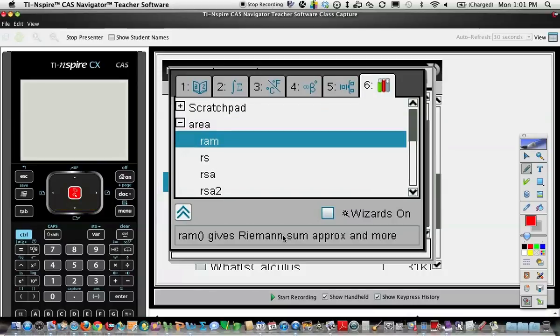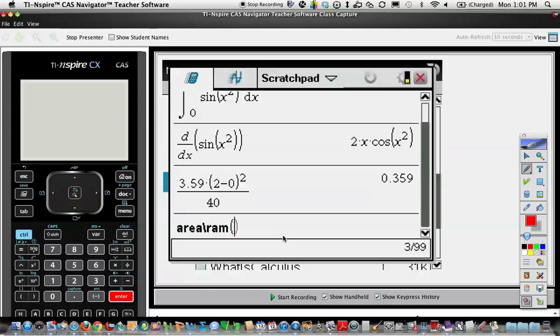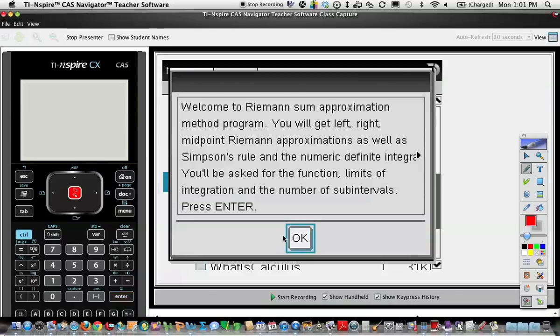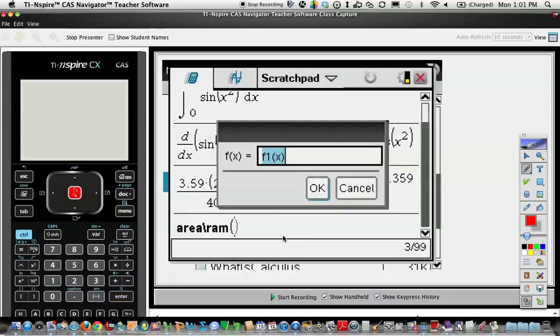Under area, you had RAM. That was the program that would do all of them for you. That's probably a good one to use right now. So let's go ahead and just hit enter on that one. That was a Riemann approximation method program. It pastes it in here for you. You could have just typed it. Hit enter. Okay, it's telling you to run the program. Go ahead and type, what are you going to type in there? Sine of x squared. We're going to type the actual function.